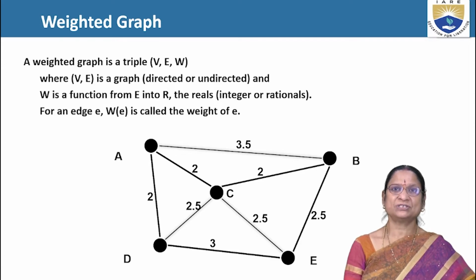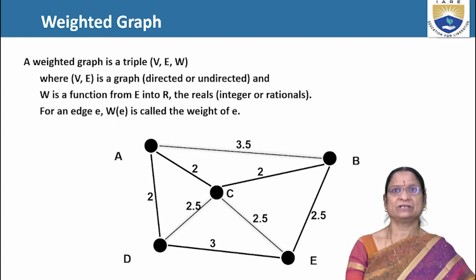W is a function from E into R, so real values will be there. It may be integers or rationals or whatever it may be. For an edge A, W of A is called the weight of the edge A.